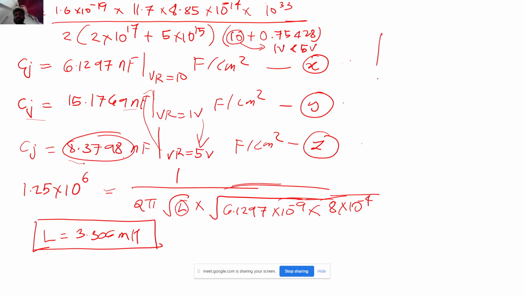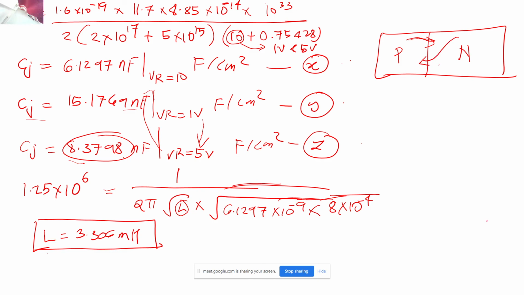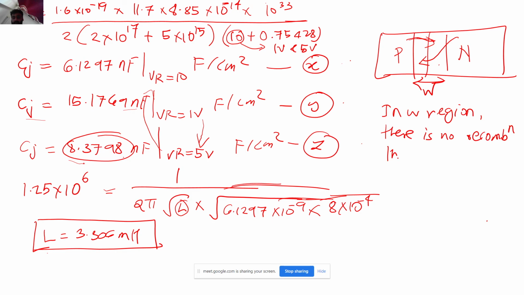Yeah, so what he's saying is, this is P and N, right? When the holes start diffusing over here and electrons start diffusing over here, he is asking that while deriving the equations for the current and all the equations, we have assumed that in this W region there is no recombination that is happening.